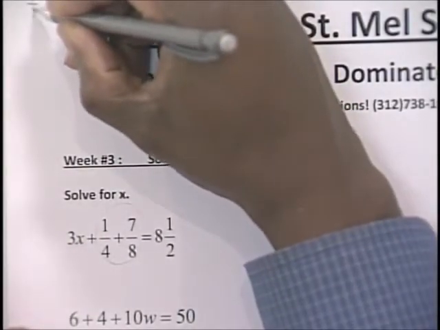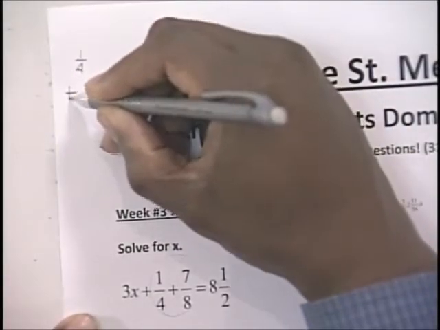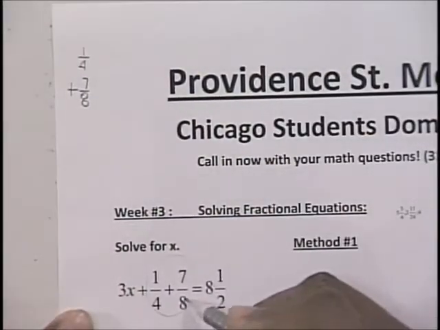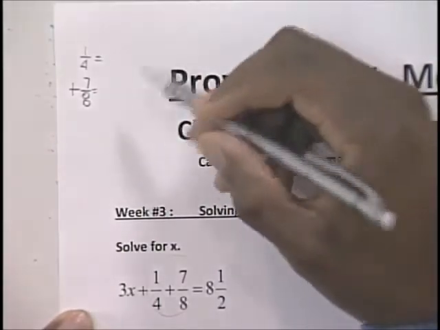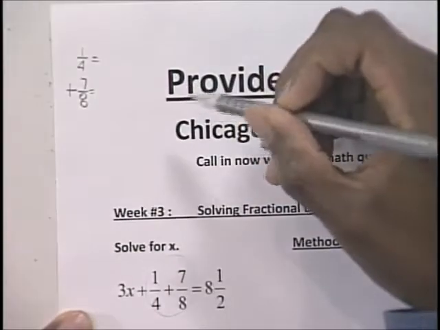Let's add 1/4 plus 7/8. Something that we've talked about in the past is that to add these two fractions, you must have a common denominator.